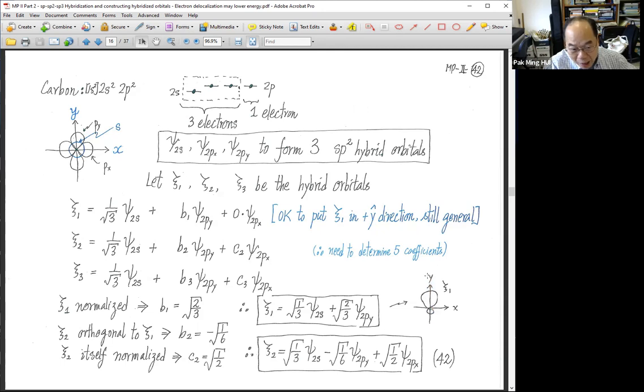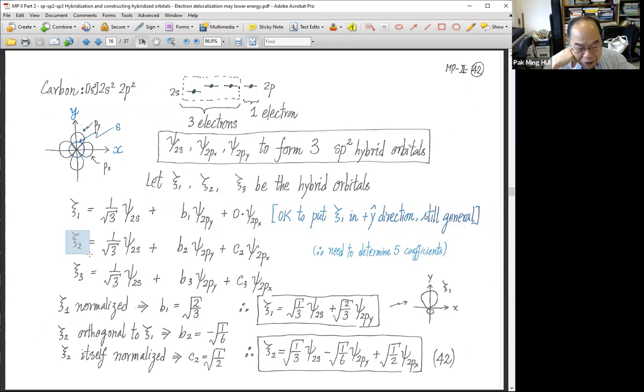So I put it in Y, and therefore the first one, the full form, will be 1 over square root 3 psi 2s plus a coefficient to be determined, and that can only invoke 2py because I point it at y. The other one will be pointing at x. With this one fixed as y, this coefficient is 0. So I save one coefficient.